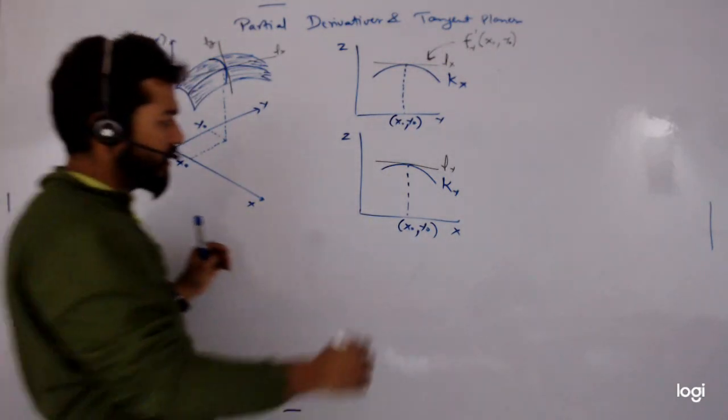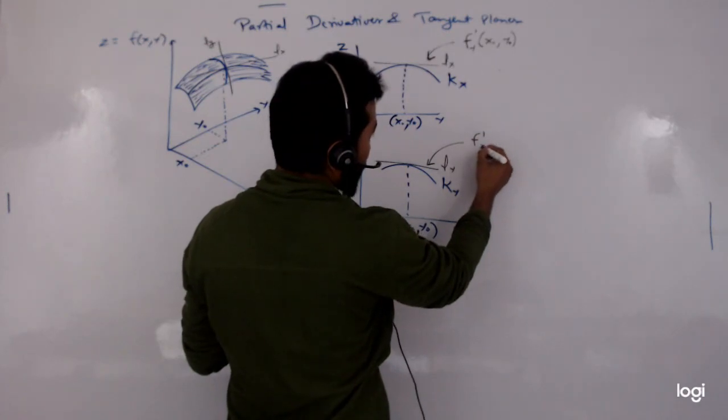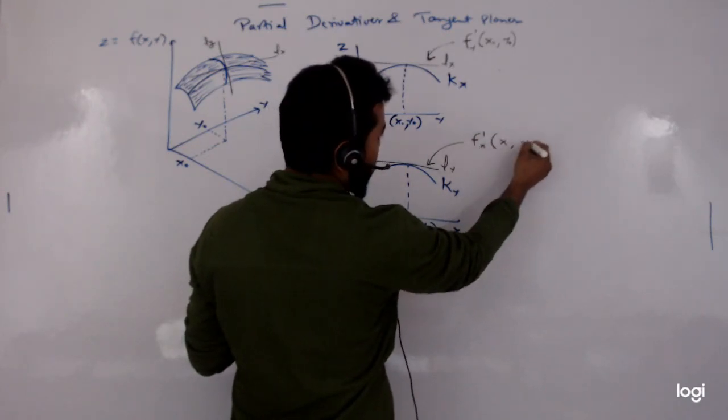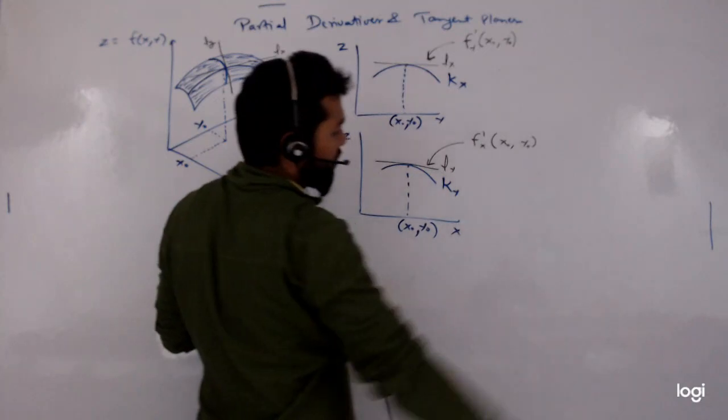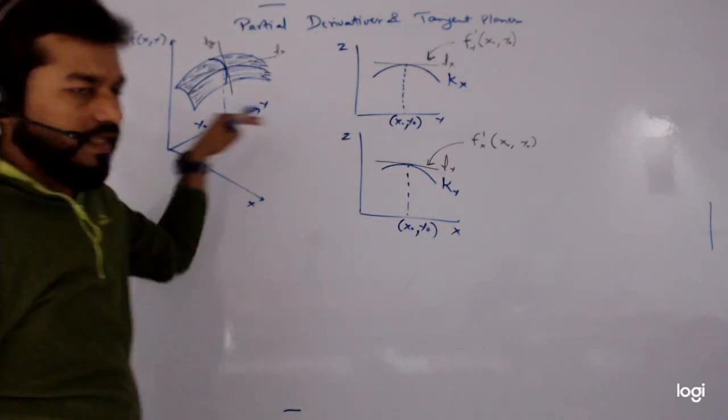Okay, similarly, the slope of the black line is f prime of x, and because it's evaluated, okay, and the straight line is across.